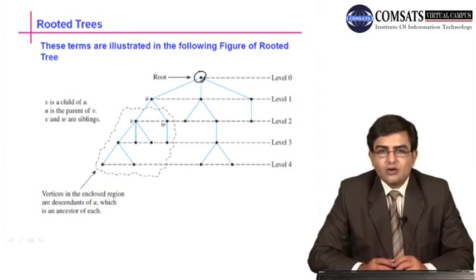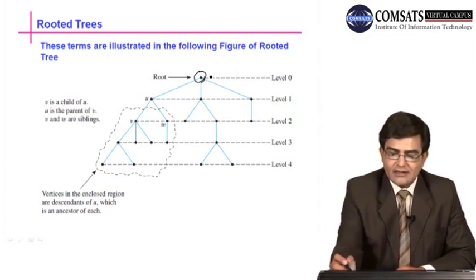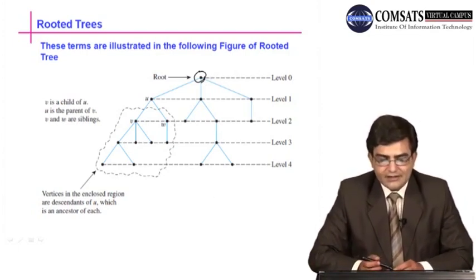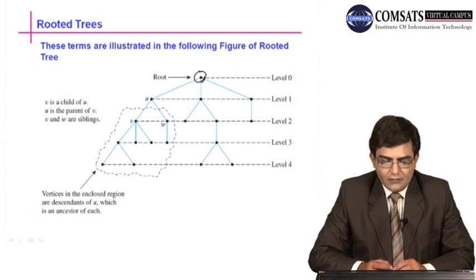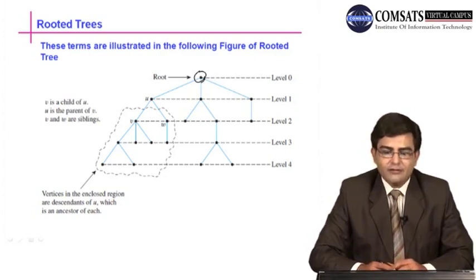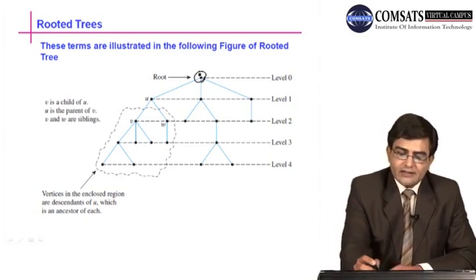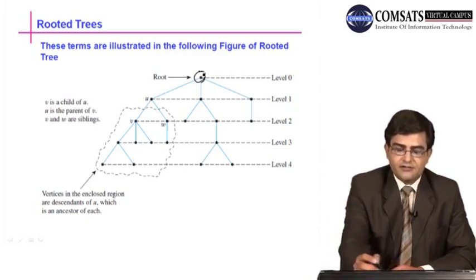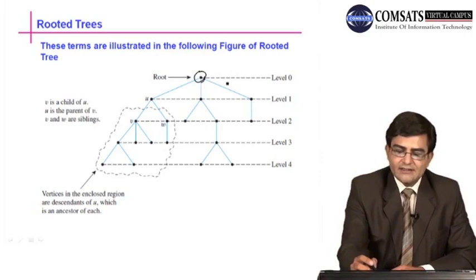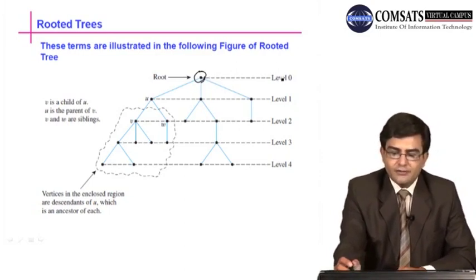This point is called a root, and this is basically level 0 of this rooted tree. Rooted trees are basically just like the roots of a tree, therefore such types of trees are called rooted trees.